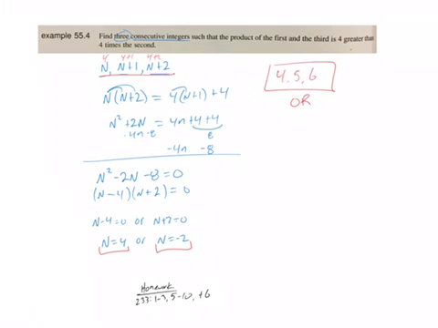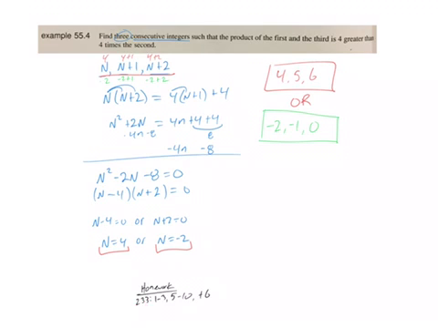Or the other option would be negative 2, negative 2 plus 1, negative 2 plus 2, which would be negative 2, negative 1, 0. So in this case, we actually end up with two possible answers, and you'd want to include both of those in your homework.